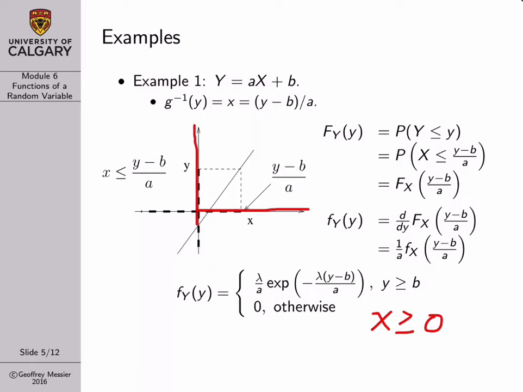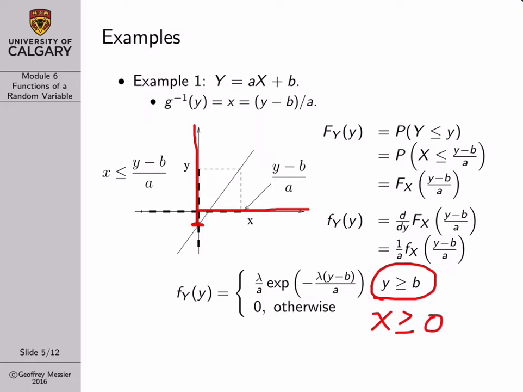So rather than our PDF being defined for x greater than or equal to 0, it's defined for y greater than or equal to b, which is the y-intercept of our line. This is the reason why I use the exponential distribution as our example.